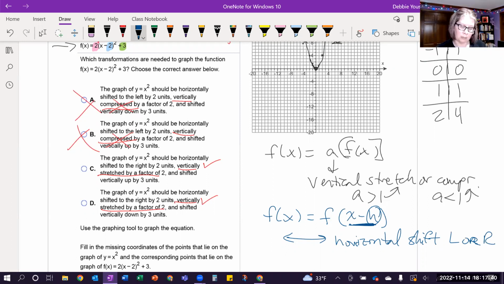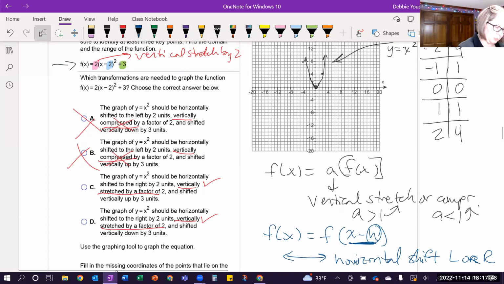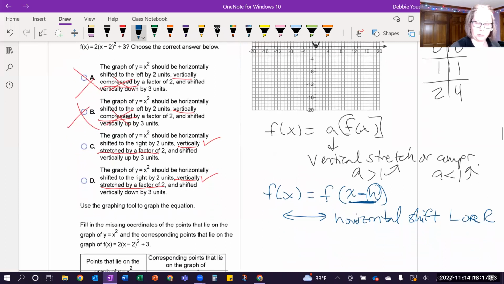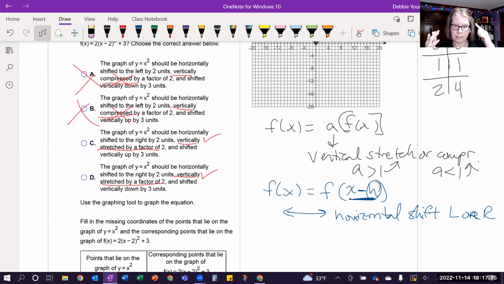So how do you know which one it's going to be? Well, you have to look at this and basically think of it as whatever symbol you see, do the opposite. So when you see minus, your brain is going to think, let's go to the left, because that's where negative values are, but you don't actually do that.